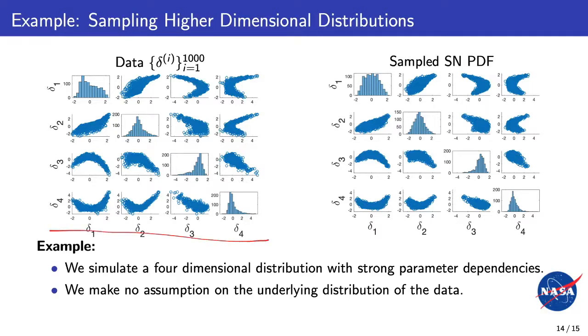On the left, we see data that has strong parameter dependencies that are clearly non-normal. Using a degree 4 slice normal, we can find these samples that look very similar to the data drawn from the DGM. Again, this process makes no assumptions on the underlying distribution of the data and only requires for the user to select a degree.